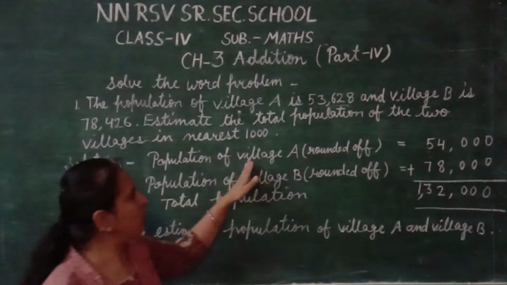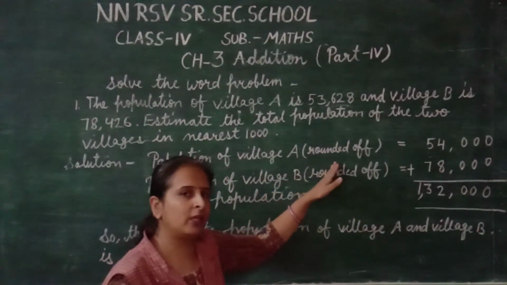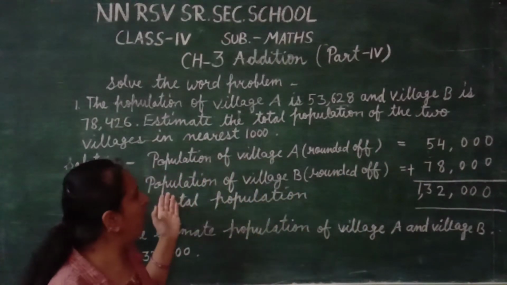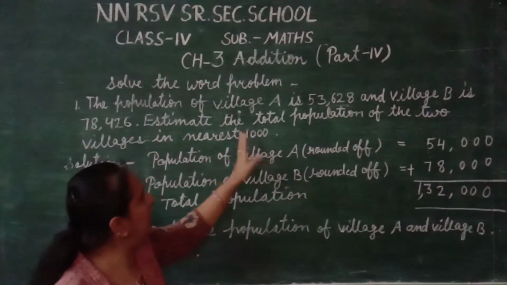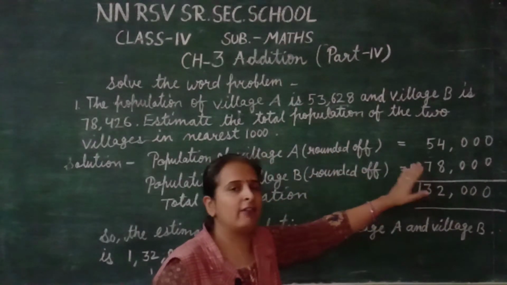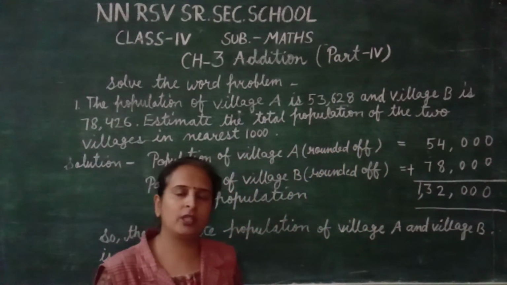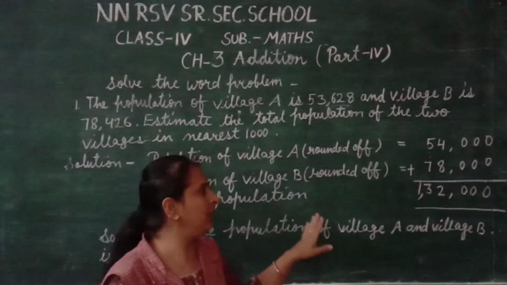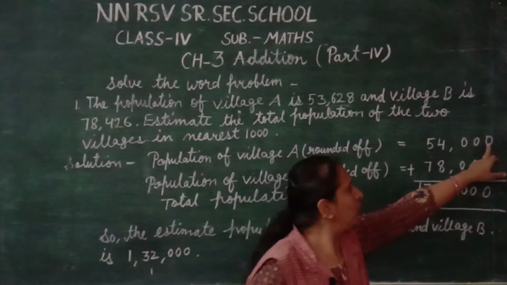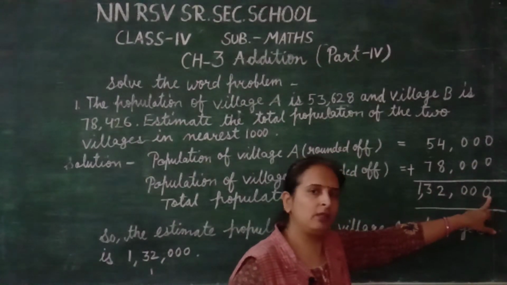The population of village A, when we round it off, is 54,000. And the population of village B, when we round it off, is 78,000. We have to find the total population, so to find the total we have to add. 0 plus 0, the answer is 0.